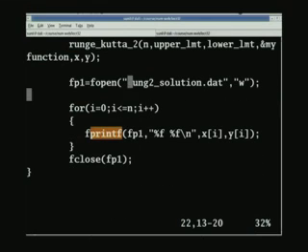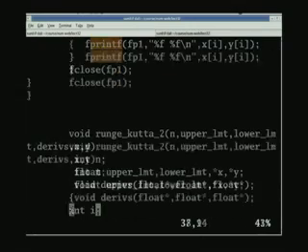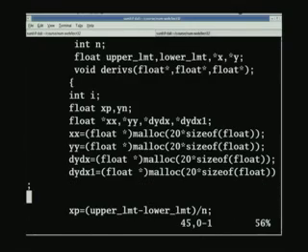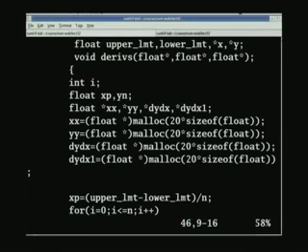Now what does this program, Runge underscore Kutta underscore 2, do? It just solves a differential equation.